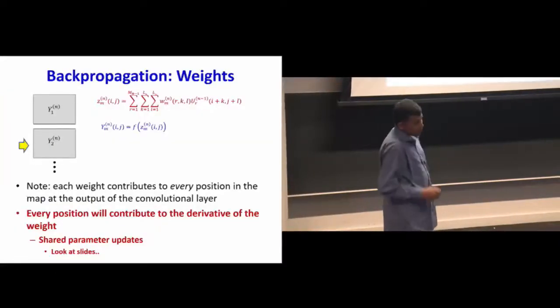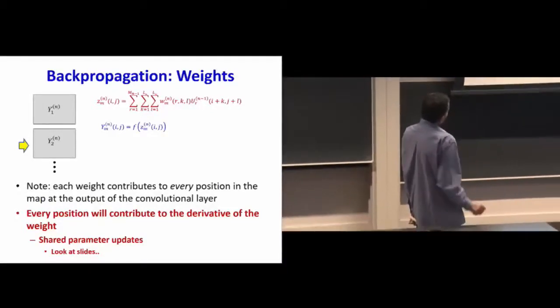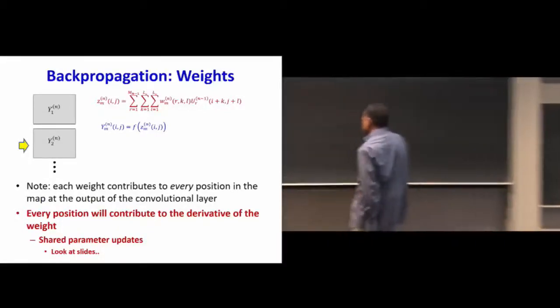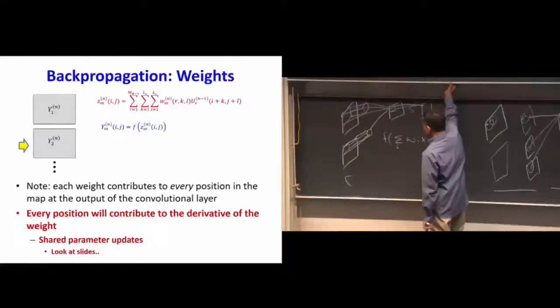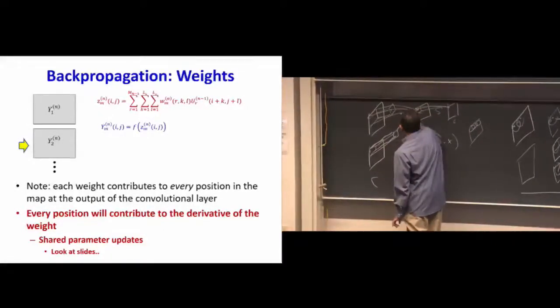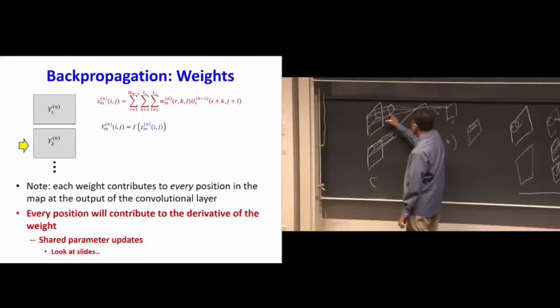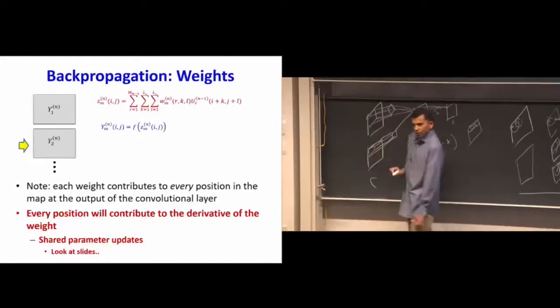Right? So now what about the weights? It turns out that each weight contributes to every position in the map at the output of the convolution layer. So if you actually look at this guy, this location has contributions from all of these weights, but these weights also contribute to every single position, right?